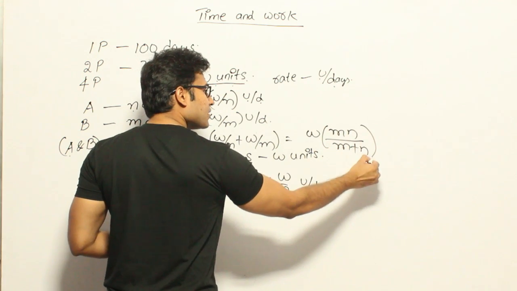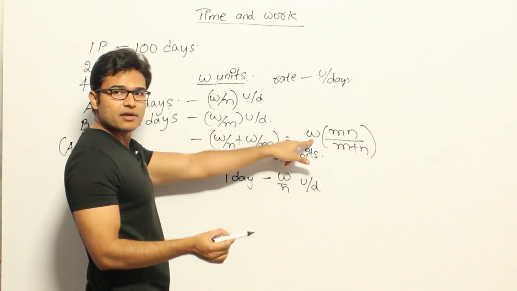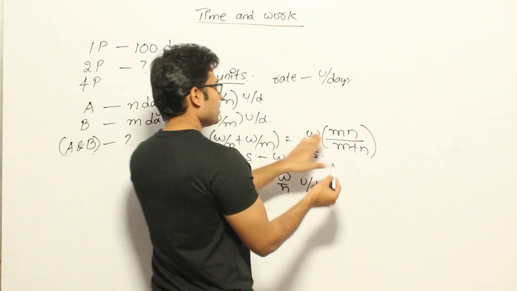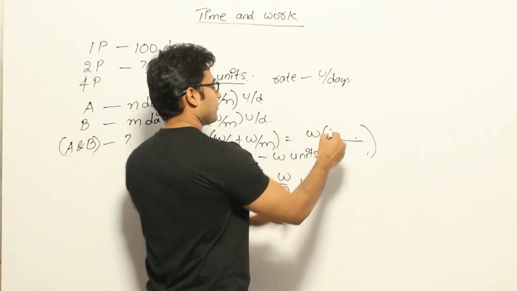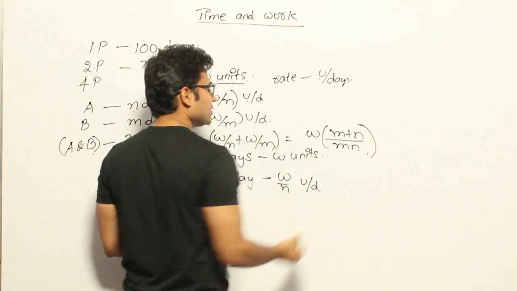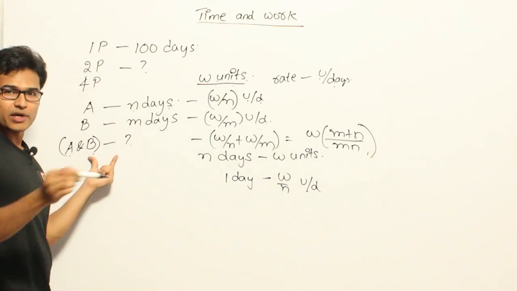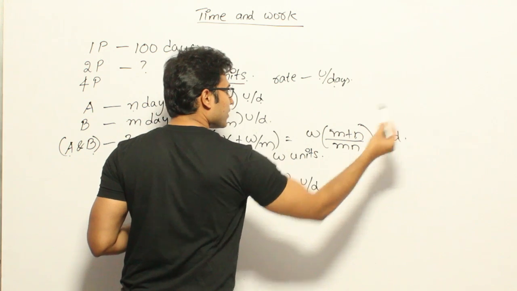So what is this number? This is the number of units they can finish per day, right? Yeah, m plus n by mn. So this is the amount of work both of them can finish in one day if they are working together. This is the units per day, right?